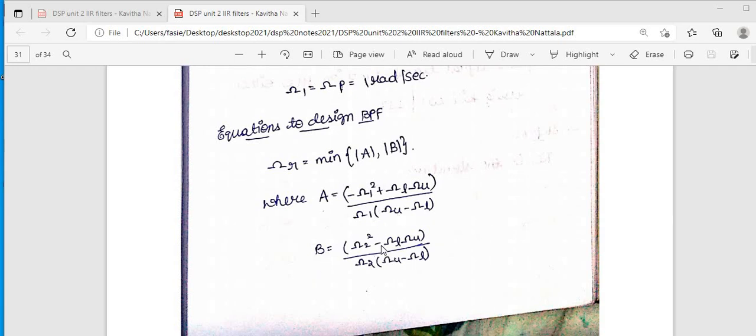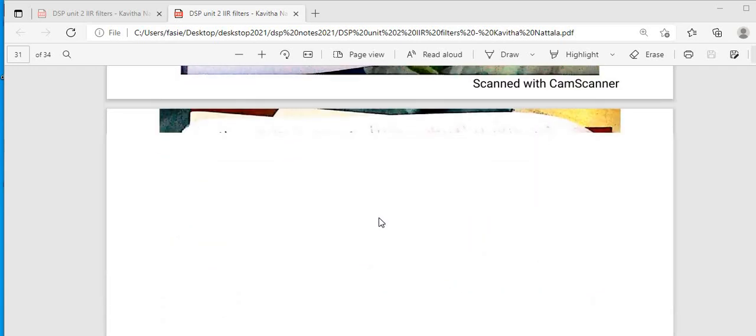That's the only difference. Here minus omega 1 square, here plus omega 2 square, because lower starts with negative, higher ends with positive. We can find A as well as B and find the answer for it. Clear? So this is how we obtain that particular answer for the given transformation. We can substitute and find the respective answer.